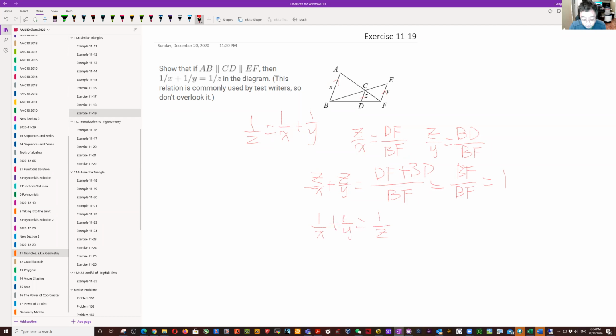The harmonic mean of two numbers is 2 over 1 over X plus 1 over Y. With this, we can tell that 1 over Z equals 1 over X plus 1 over Y. If you multiply 2 on both sides, basically this is the formula. So 2Z is equal to 2 over this.